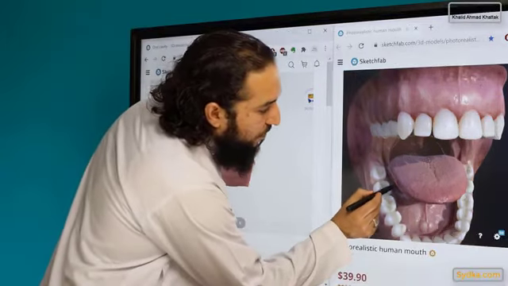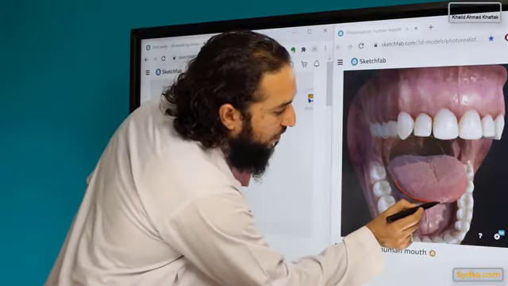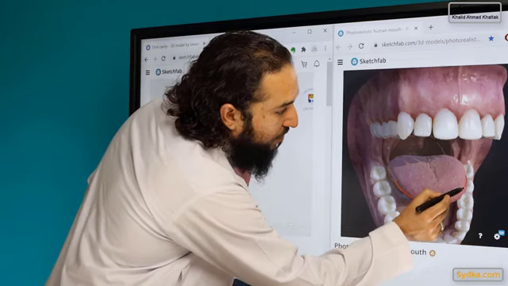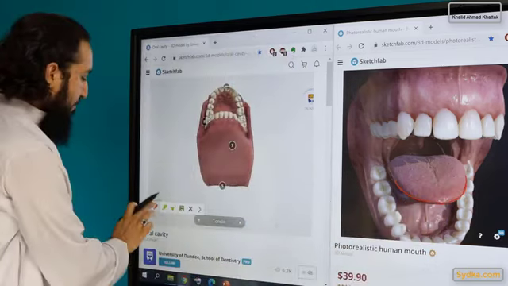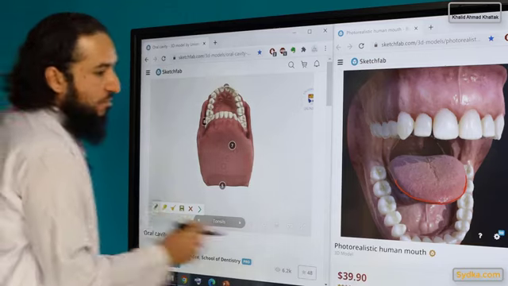So from the nearest part of the tongue, this is where it goes to the top, to the tip of the tongue. Similar here, it's another color.